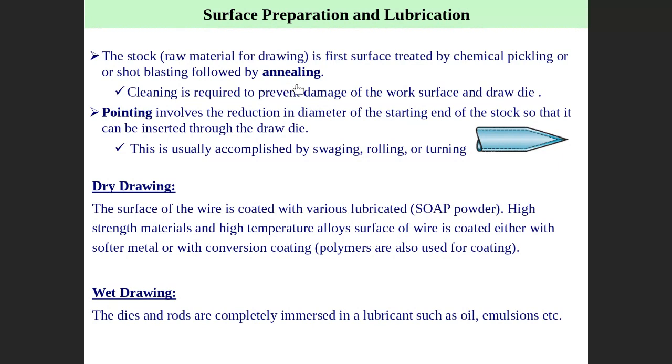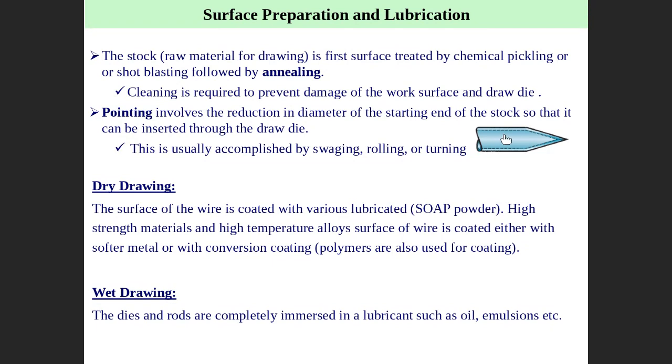What is annealing? You heat the material up to a certain temperature and leave it to cool down slowly, no quenching. This makes the material soft. So you do annealing as a first step, preparing the material for the next step, which is wire drawing.